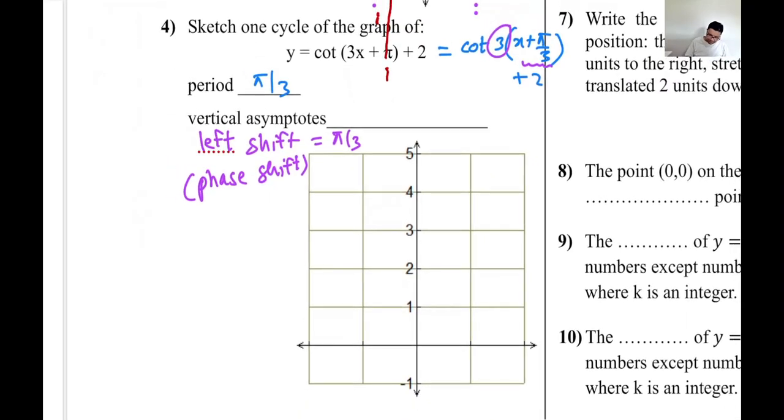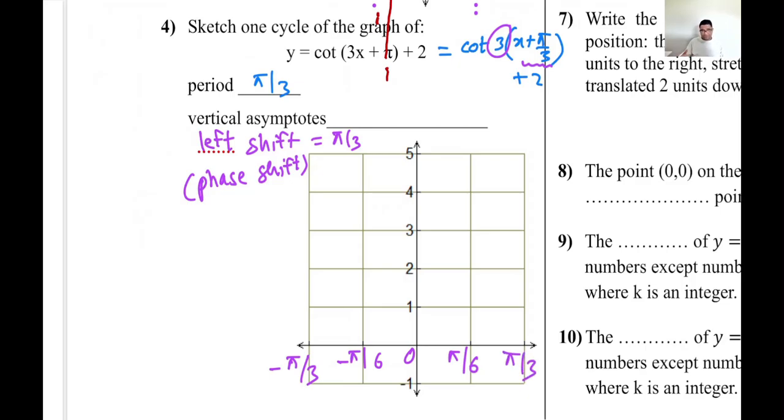So in the graph what you have to do is this: pi over 3 left shift. Say this was 0, and the period itself is pi over 3, right? So take this as negative pi over 6, and make this negative pi over 3, and 0 here, pi over 6, pi over 3.